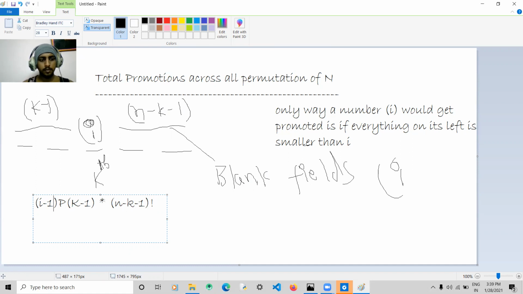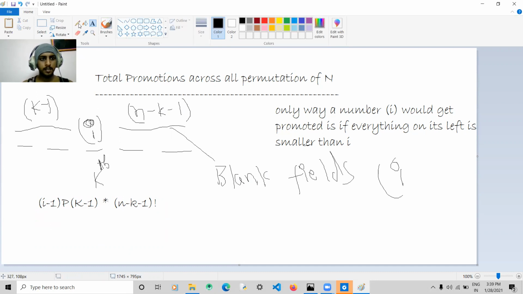So the sum goes from, say, sigma. This is for the kth position, but remember i can acquire all the positions. The k can go from 1 to i. So what you can do is sigma k equals to 1 to i, and this is only for the ith number.